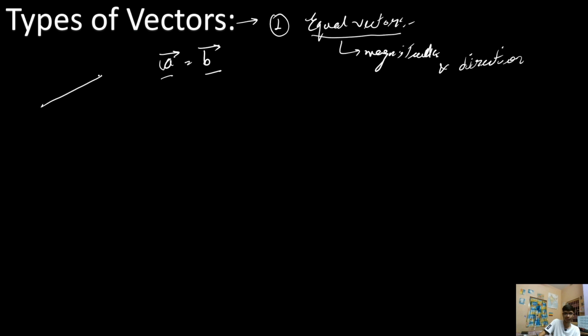For example, if I represent it as OA, I can say that vector A starts at O.